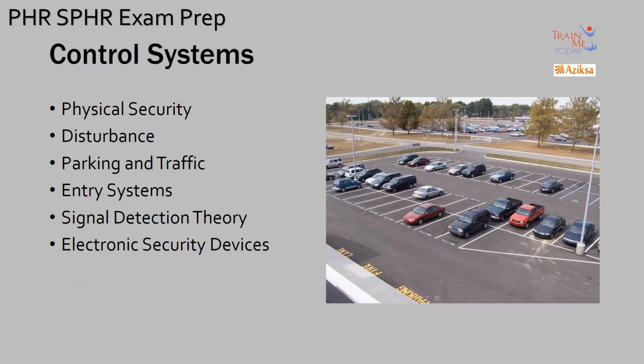Control systems include physical security, being prepared for disturbances, parking and traffic issues, your entry and exits, signal detection theory, and electronic security devices. And you should probably take an extra look at the signal detection theory, only because I have heard there was a question about it on the last exam.